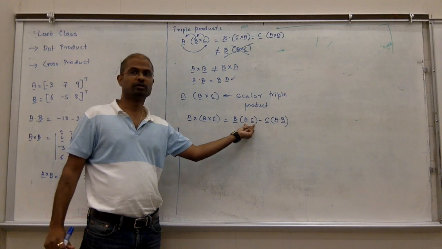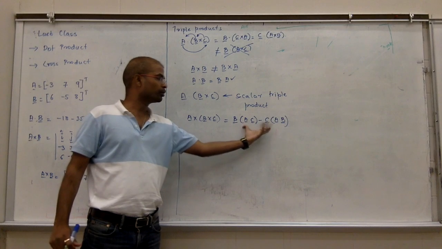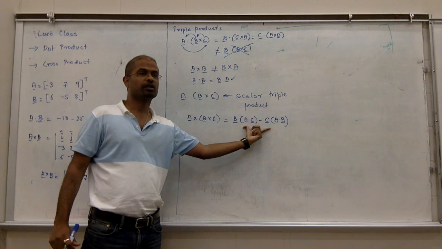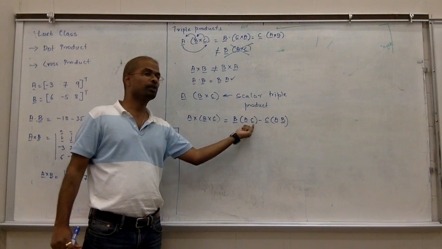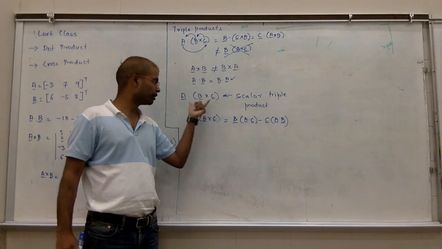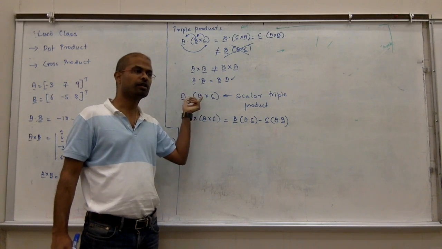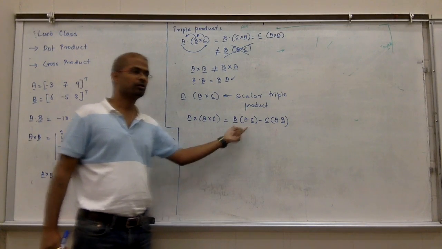What will this be? A scalar. So what is the total outcome of this? Is this a scalar or a vector? It's a vector. Why would it be a scalar? This dot product will be a number, so this vector will remain. The outcome is a vector.